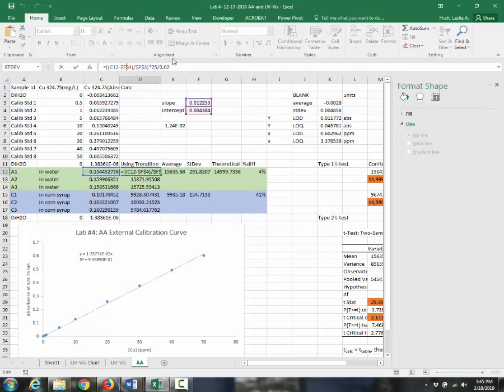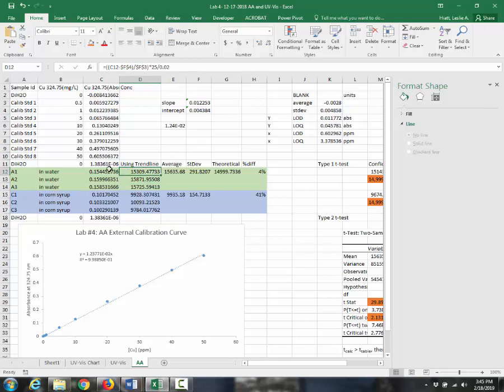So you would say equals this value minus your intercept, divided by your slope, and then what I did here is this extra thing, which is the dilution I did. So I took that into account all within the same equation. Alright, so here's this using my trend line.